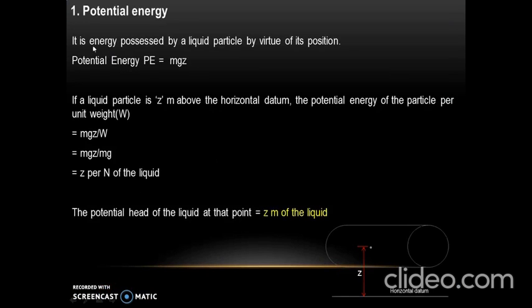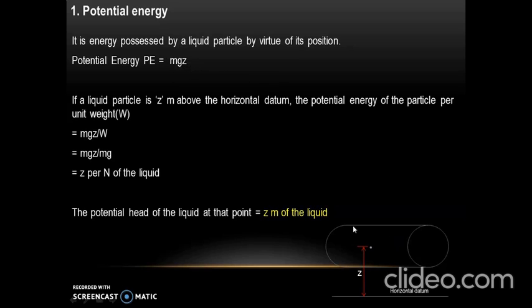So now we have understood that potential energy is the energy possessed by a liquid particle by virtue of its position. And potential energy is equal to weight into the distance at which the particle is located from a specified reference datum line.